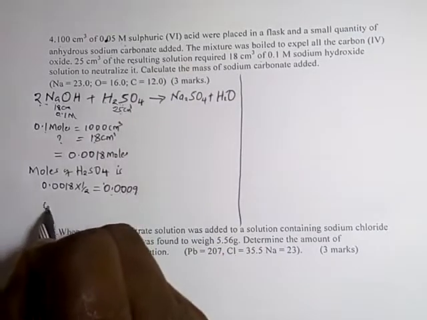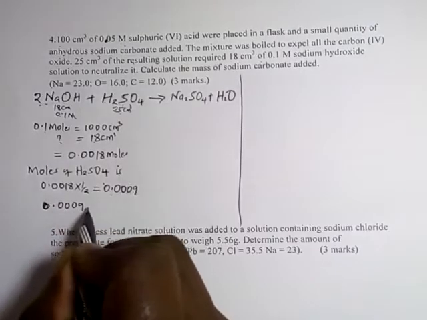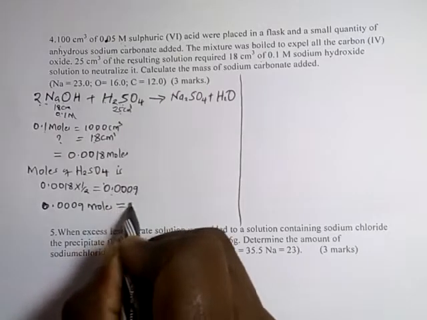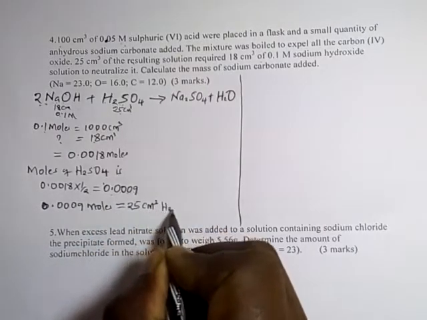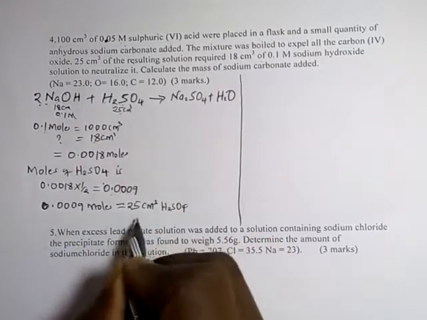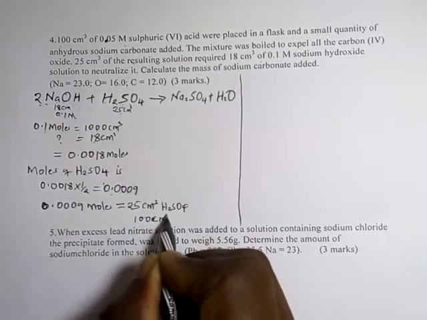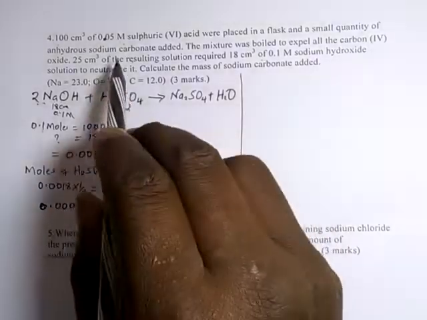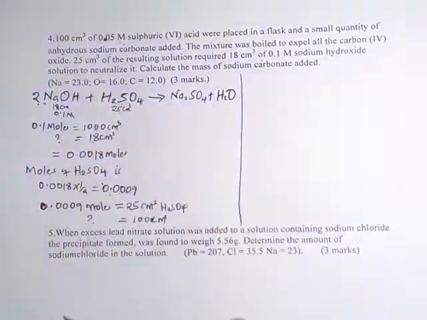So we say 0.0009 is the number of moles which are in 25 centimeters cube of sulfuric acid. 100 centimeters cube of this acid which was in excess will contain how many moles, so that now we can compare with this one. You cannot compare 25 with 100.